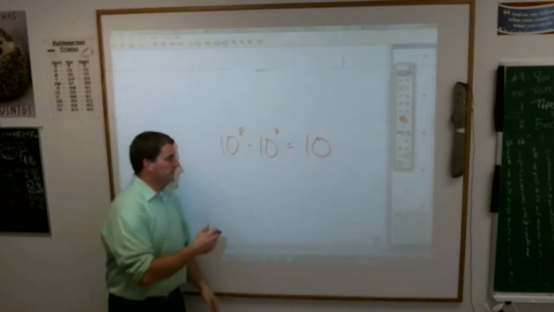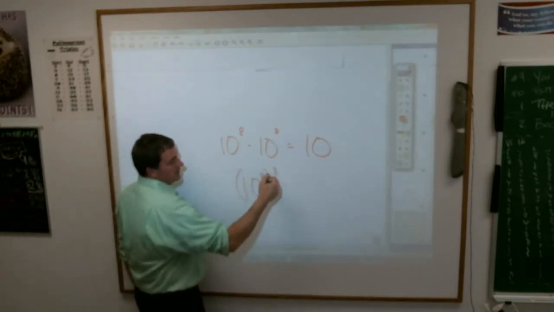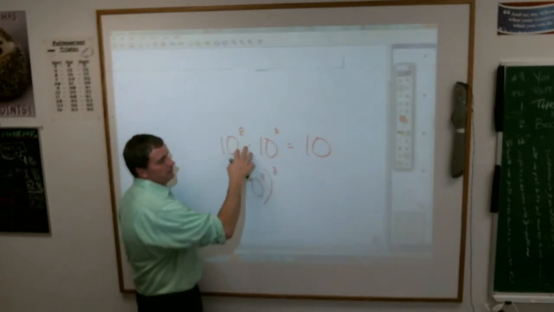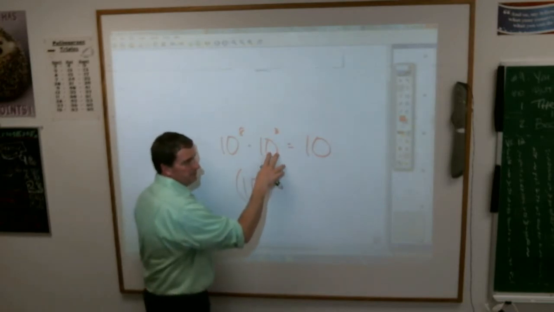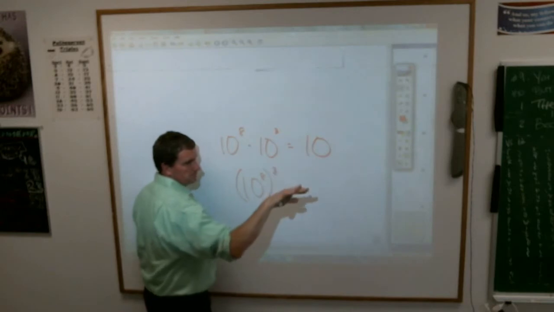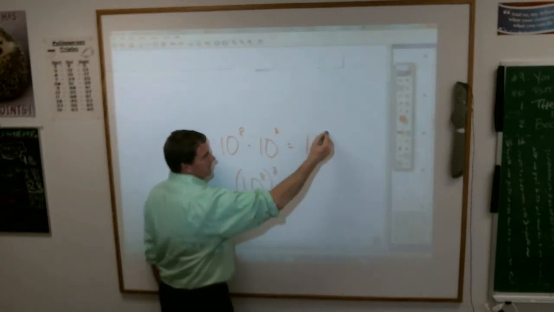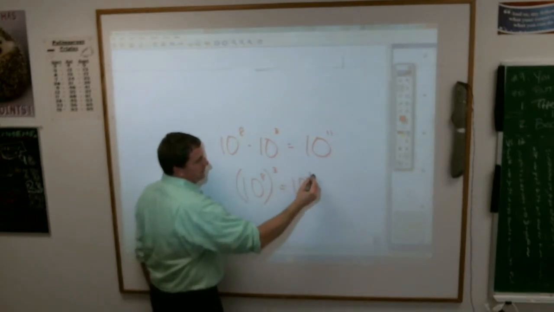Nope, that would be this, and that's why this is confusing. That would be exponent to exponent. If they're both written there and they're times there, you have 8 tens times another 3 tens, you'd get 10 to the 11th power. This would be 10 to the 24th power.